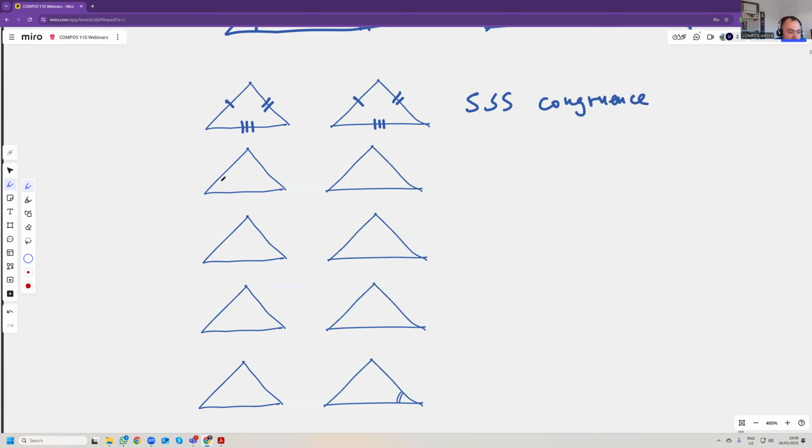If you have two sides and an angle between, and this angle is equal to this angle, that's side, angle, side congruence. Now you have angle, side, angle. So that's angle, side, angle congruence.